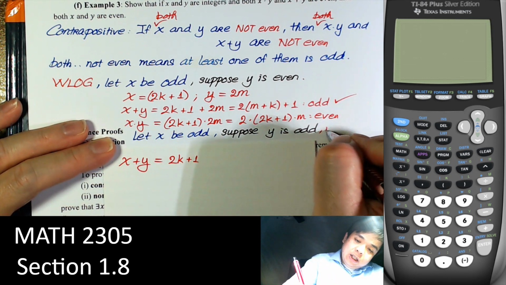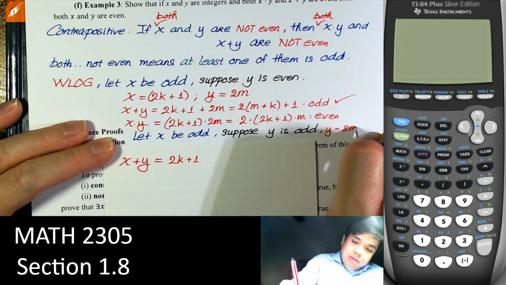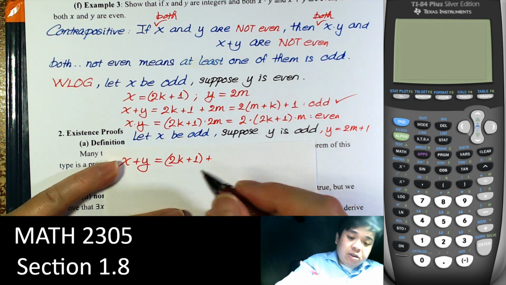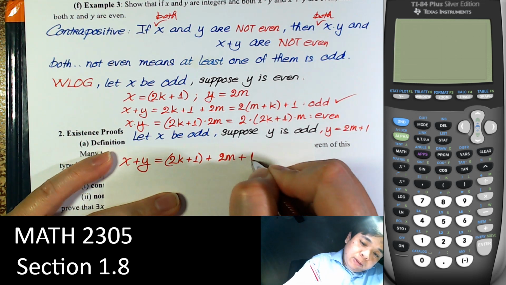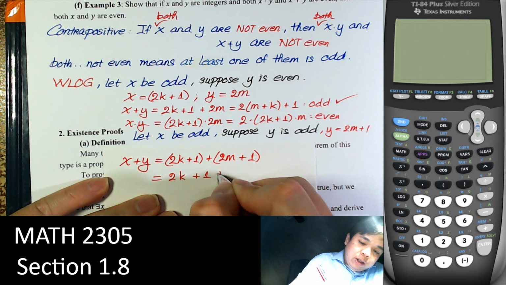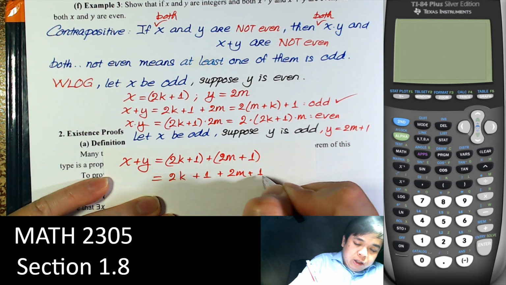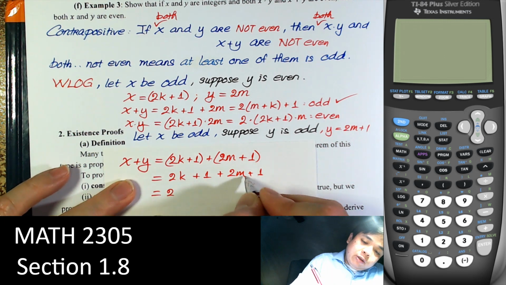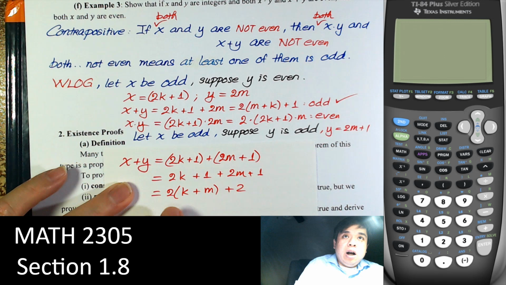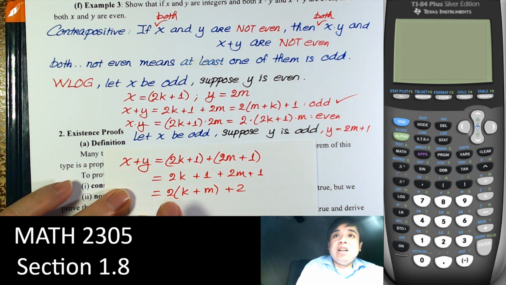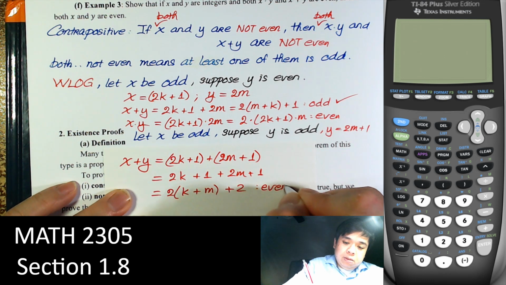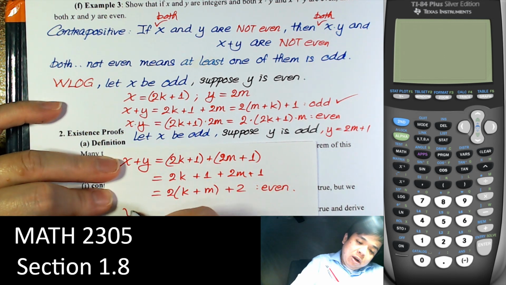In this case, y is equal to 2m plus 1 because y is odd. So when we add them, we have 2k plus 1 plus 2m plus 1. So we factor out the 2, 2 times k plus m plus 1, plus 2. Anything times 2 is even, plus 2 is even. That's not what we want, but how about the product?